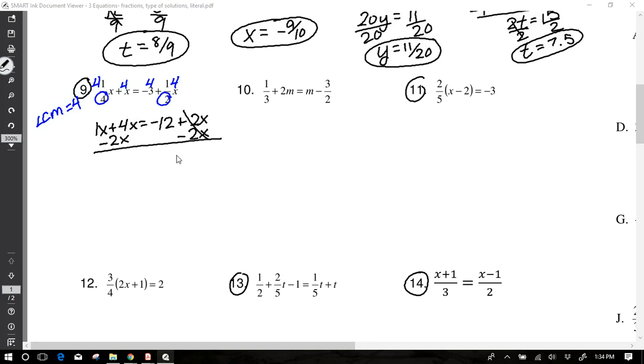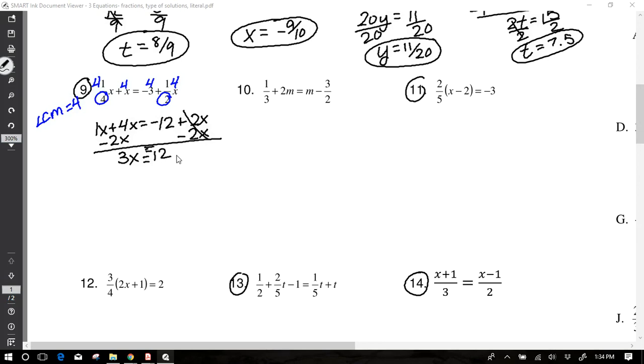And now I'm going to put all of my x terms together. So 1 plus 4 is 5x's. 5x's minus 2 is 3x's. And this 12 is negative. That's better.